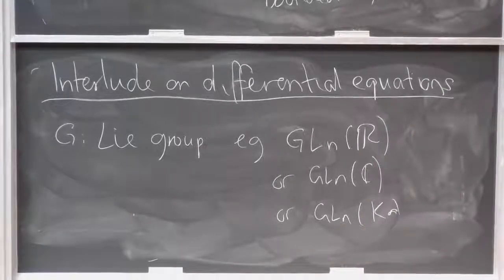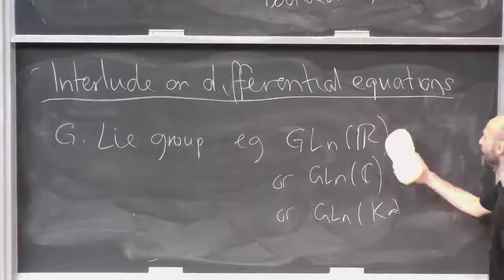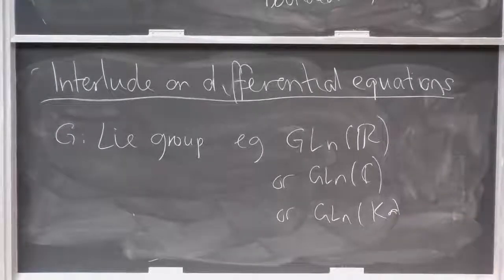G is a Lie group, so a real manifold with some kind of group structure which is nicely behaved. And there's something called the Lie algebra. Curly G is the Lie algebra of G.